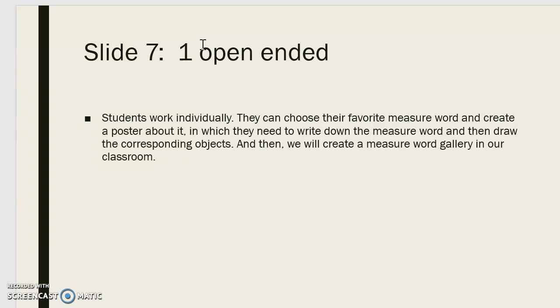For example, if I write down the measure word for animals, we draw different animals on the poster and write down the measure word. In this way we can create a measure word gallery in our classroom, so everyone can show their work.